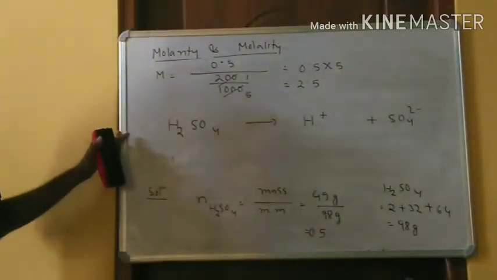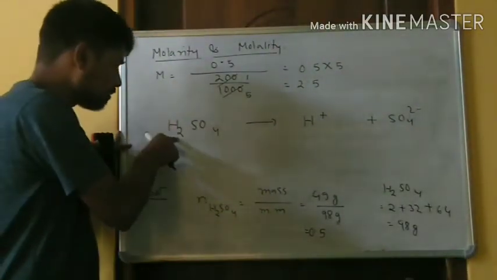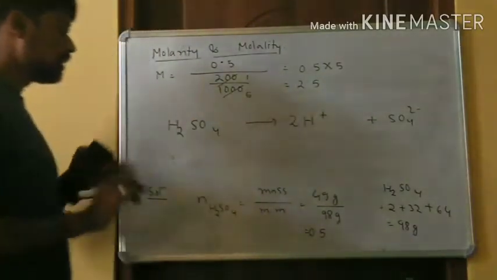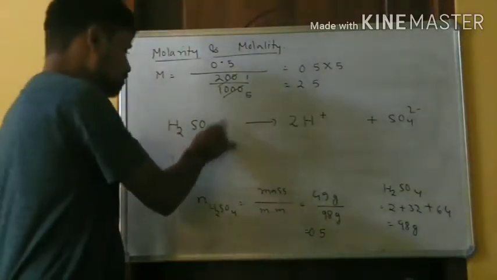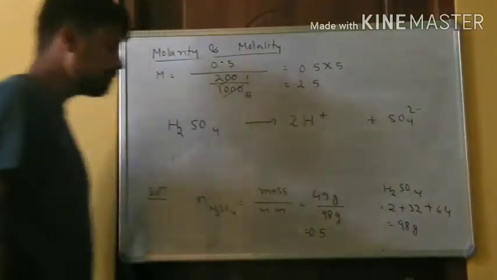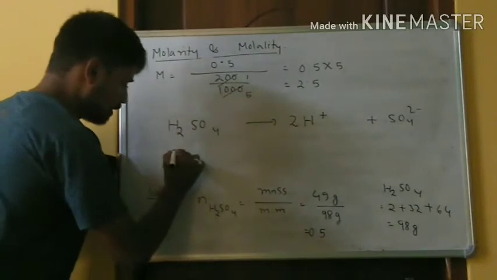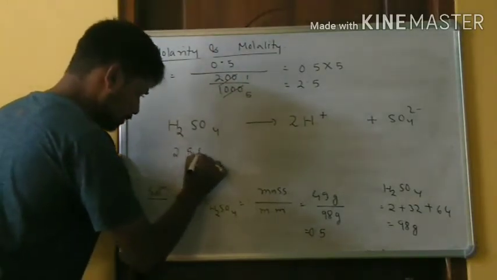The number of hydrogen is 2 here, you can see H2, so we put 2 here, and the number of SO4 is 1. And we have already found the molarity of H2SO4 is 2.5.